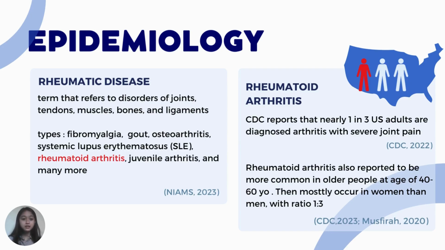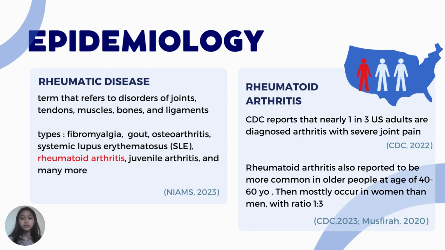Rheumatic disease is a term that refers to disorders of joints, tendons, muscles, bones, and ligaments. There are many types of rheumatic disease, including fibromyalgia, gout, osteoarthritis, systemic lupus erythematosus, rheumatoid arthritis, juvenile arthritis, and many more. From all of these, the most common is rheumatoid arthritis.